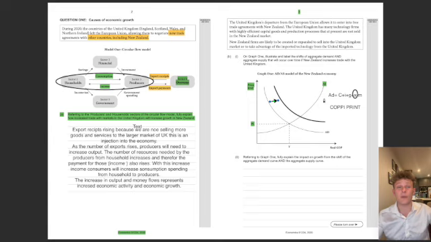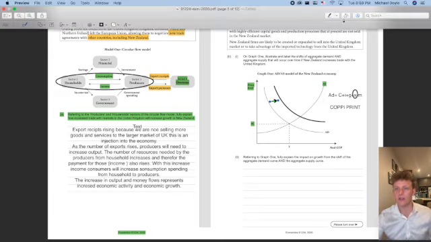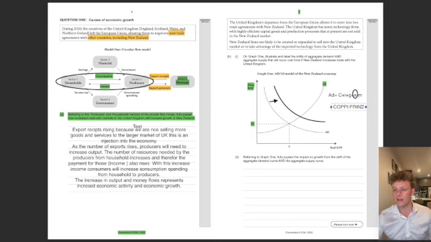Then when we think back to our COPIINT, the cost of production is going to decrease a little bit as we get more efficient capital goods and production processes. But the biggest standout one for me is going to be an increase in T for technology.